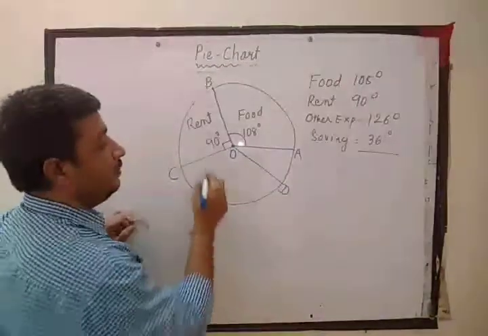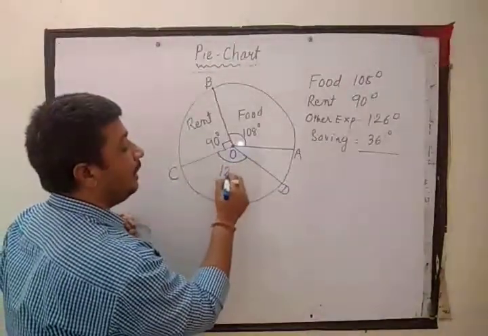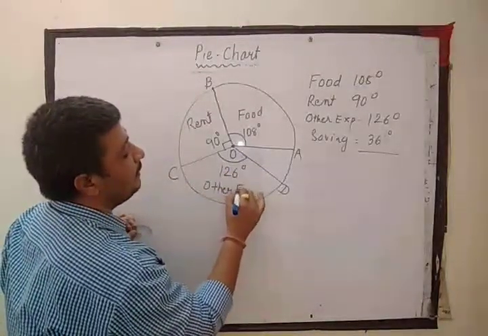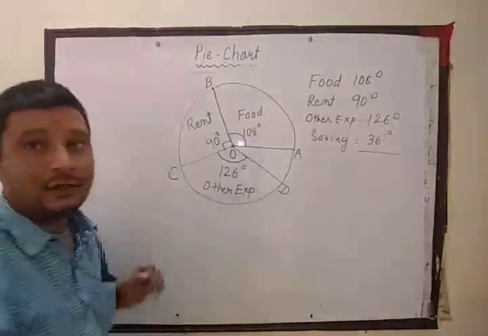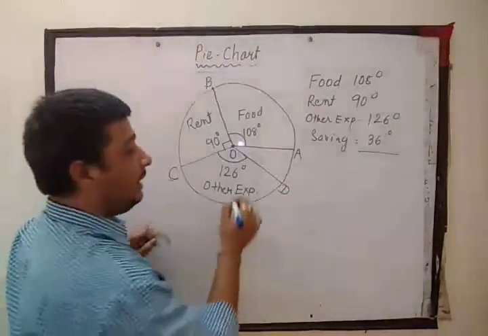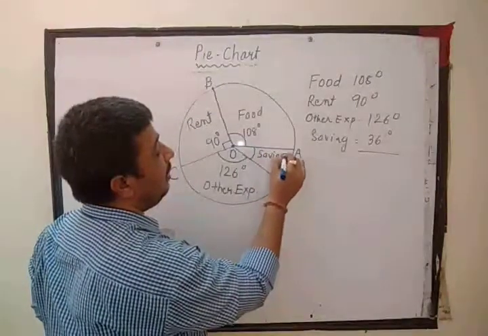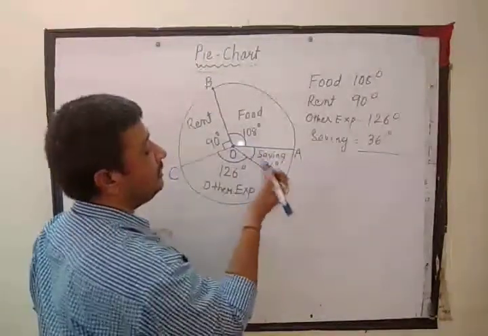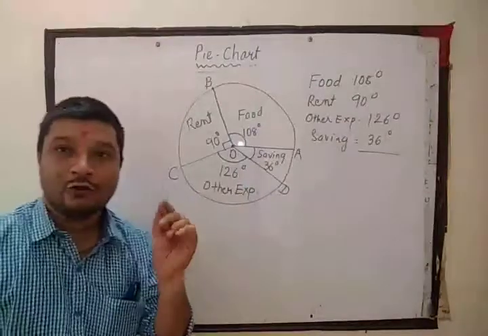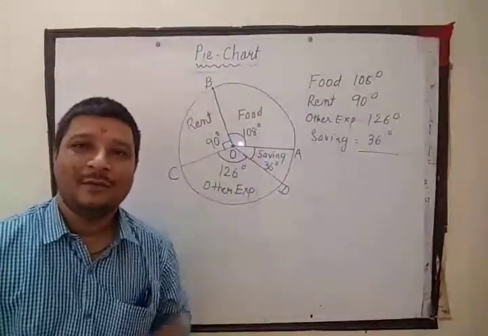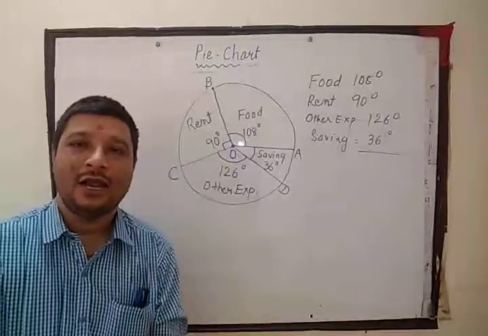So this part will be 126 degrees. It is other expenses. Concept clear? And the remaining will obviously be saving, and it will be 36 degrees. So hopefully using this protractor you can draw the pie chart like this.